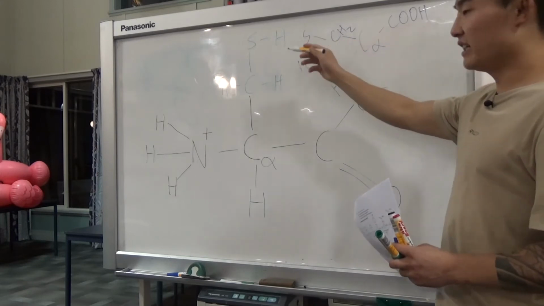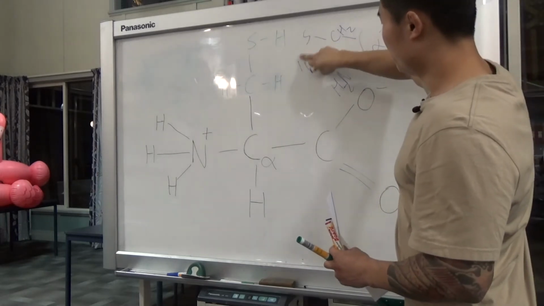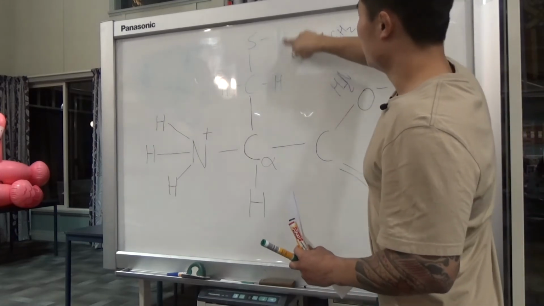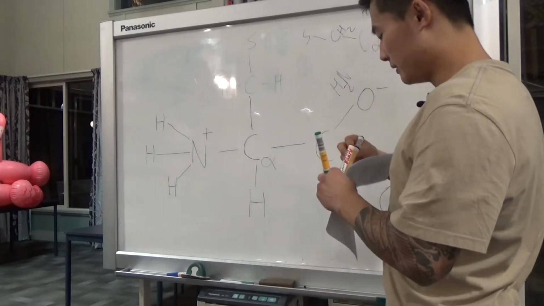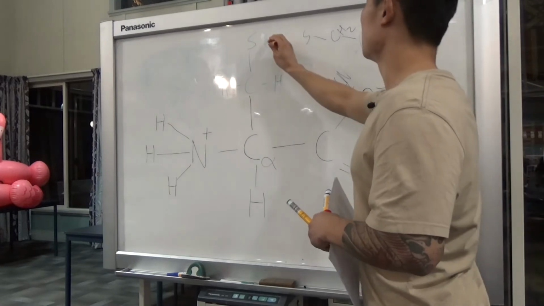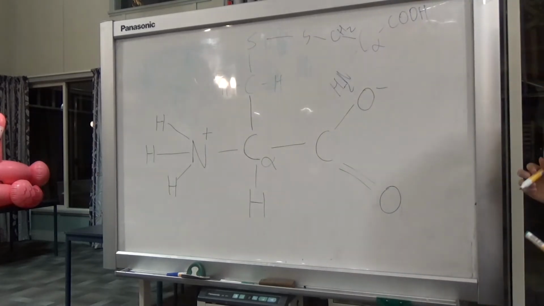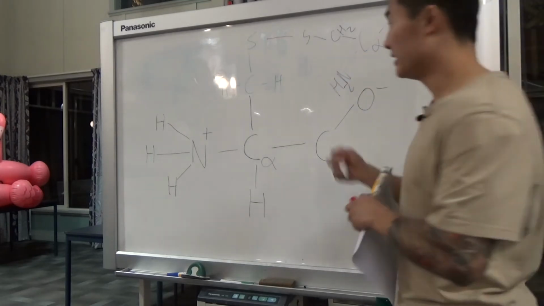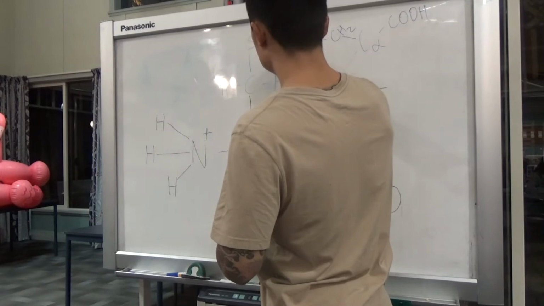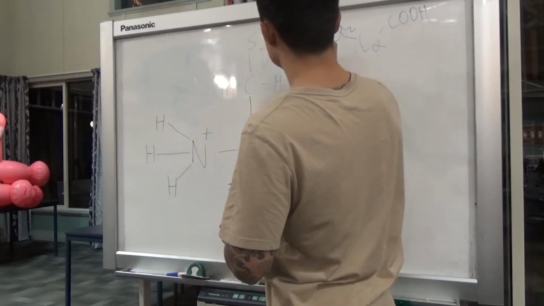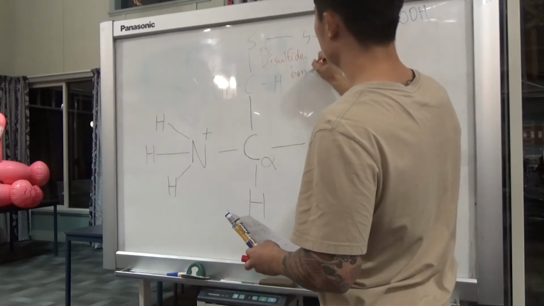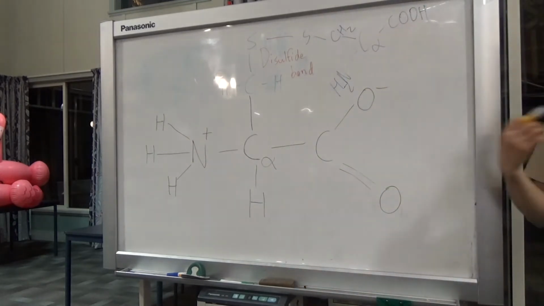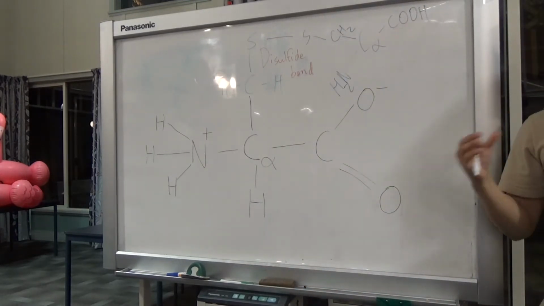Oxidation can occur, and then they're going to get rid of their hydrogens, and they're going to form a bond between each other. And that's going to be a covalent bond. Because there's two sulfur atoms involved, we call this a disulfide bond. And that's going to be important in stabilizing the structure of proteins.